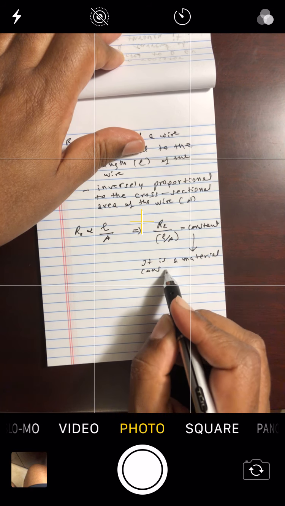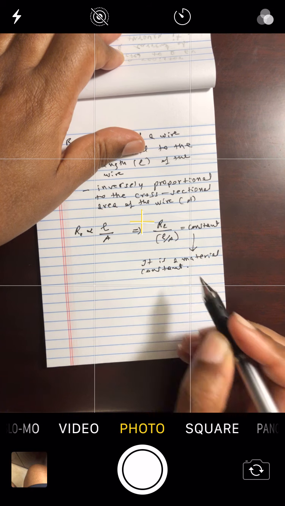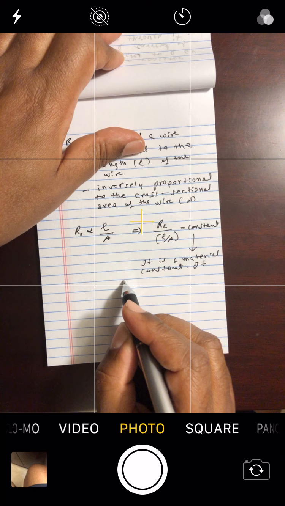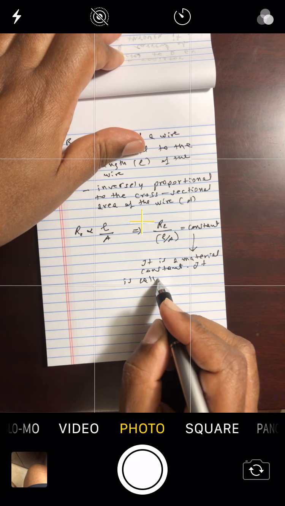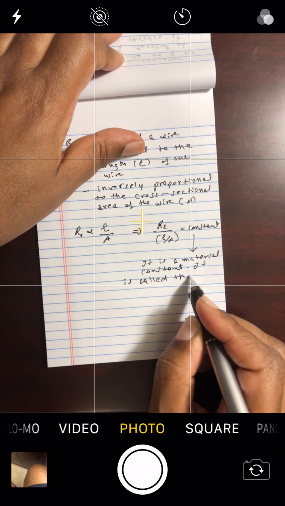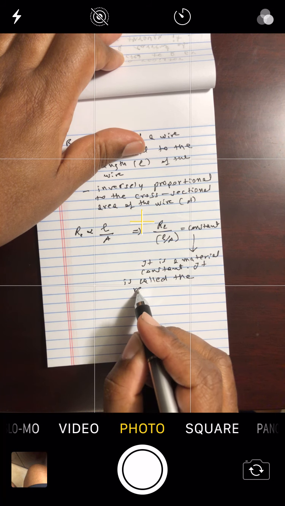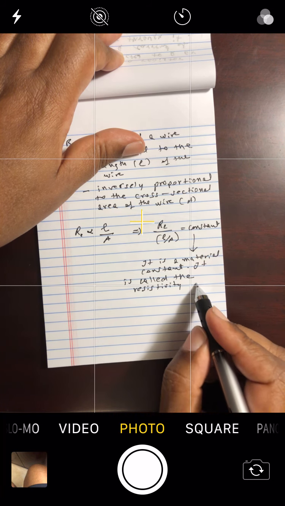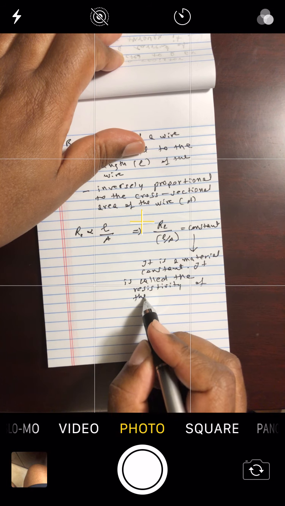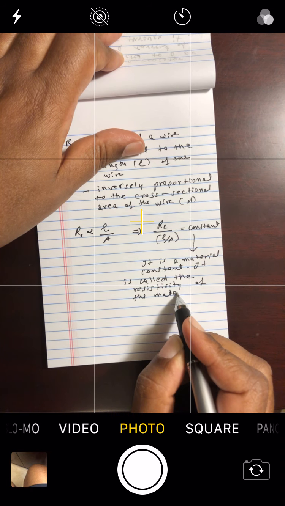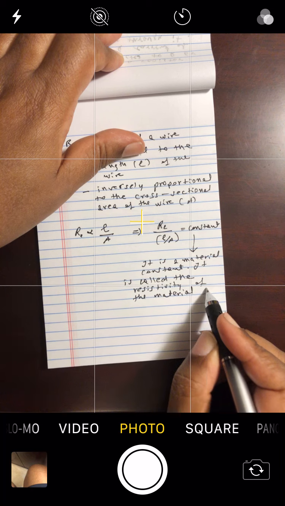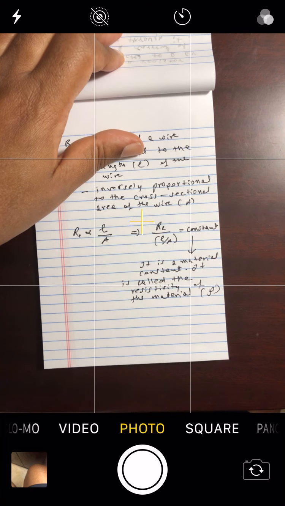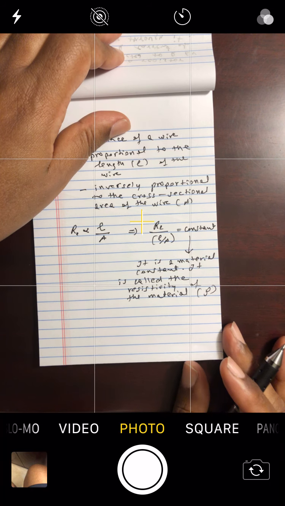It is called the resistivity of the material, and we're going to use the Greek letter rho to represent it.